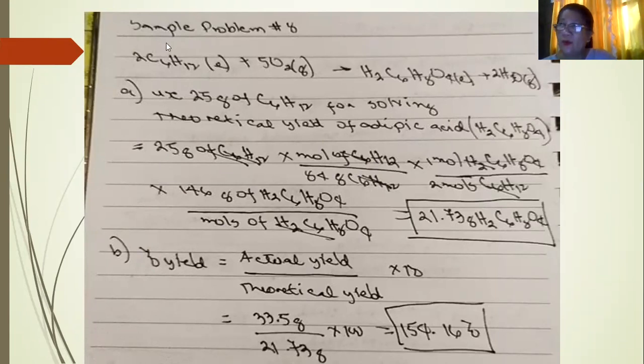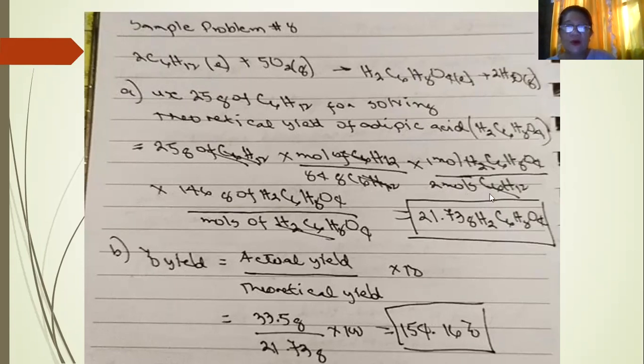Then we can convert it using the mole ratio from cyclohexene to adipic acid using our balanced equation. We have 2 moles of cyclohexene here and 1 mole of adipic acid.